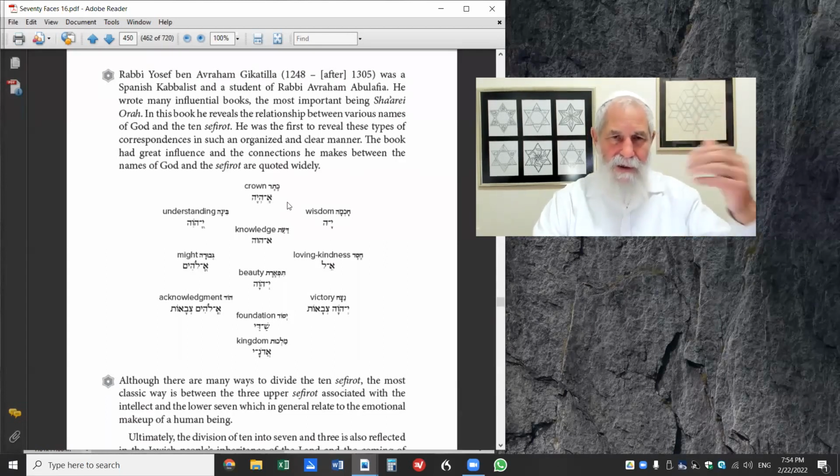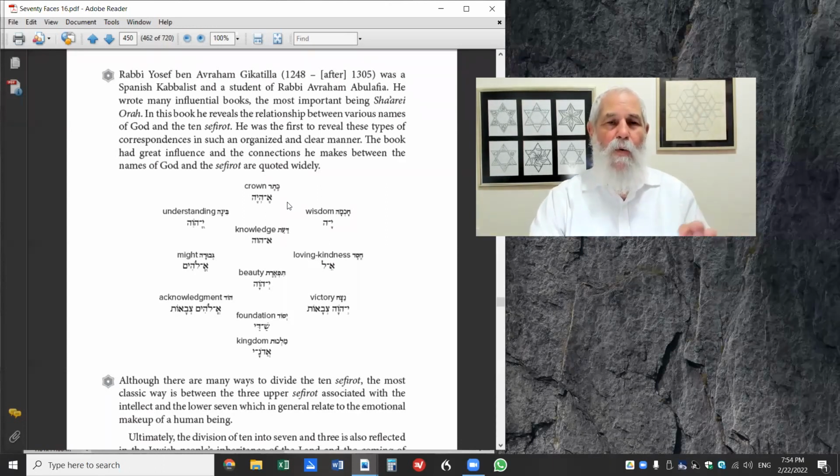Again, these are ancient traditions, but so much of it was oral, and he wrote a whole book explaining the connection between different names of God and the Sefirot. It was an extremely influential book that had a tremendous influence on later Kabbalists. Starting next week, we're beginning a new series called The Meaning of the Names of God.